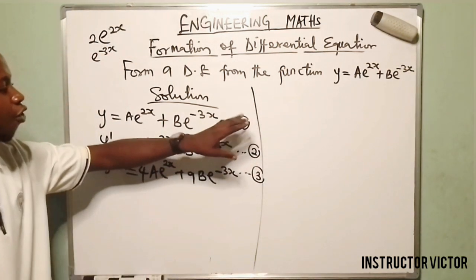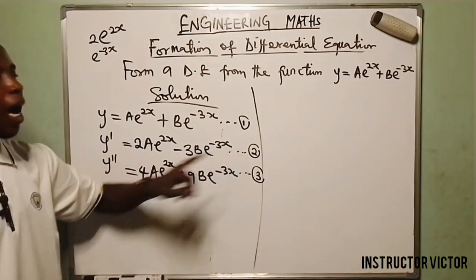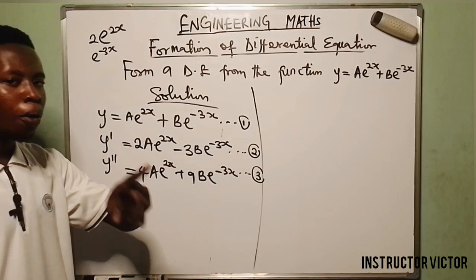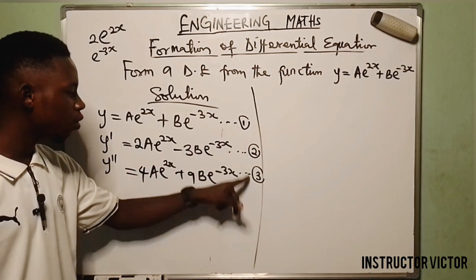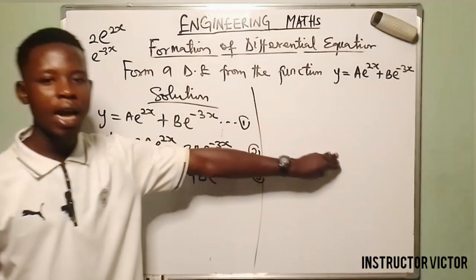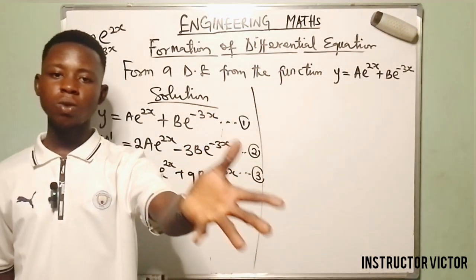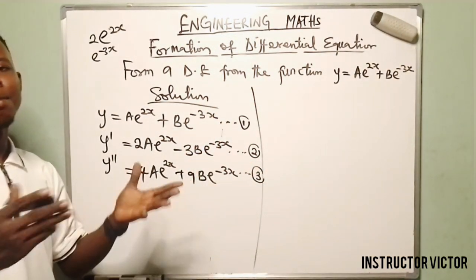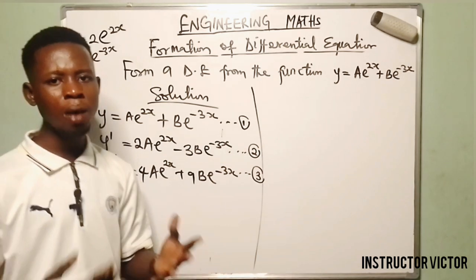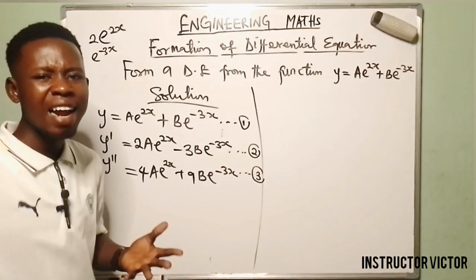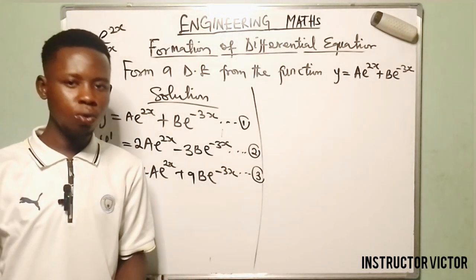Then what you get from combining these, you add together and then you form your differential equation. But I usually prefer the determinant of a matrix, because that one will show the direct step on what to do.